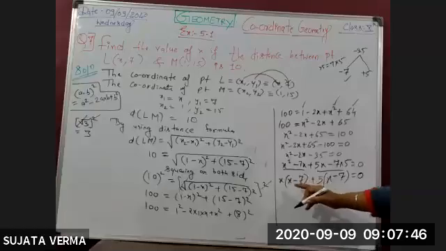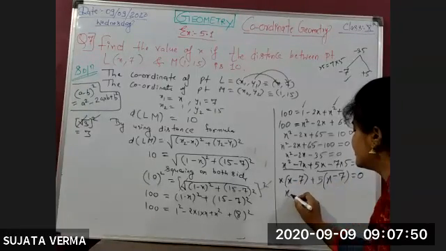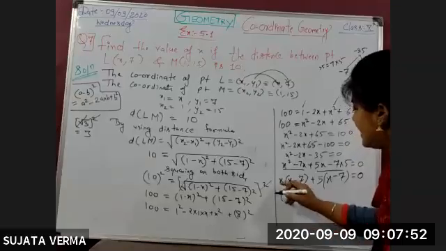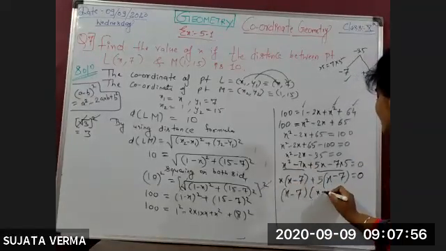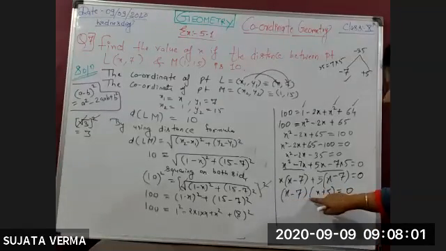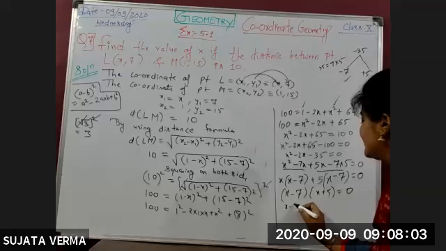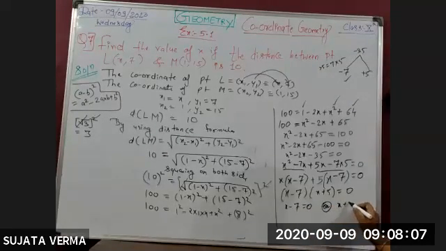Now listen. x minus 7 is common. So we write one time x minus 7, and the other term is x plus 5 is equal to 0. Equating these two, x minus 7 is equal to 0 or x plus 5 is equal to 0.